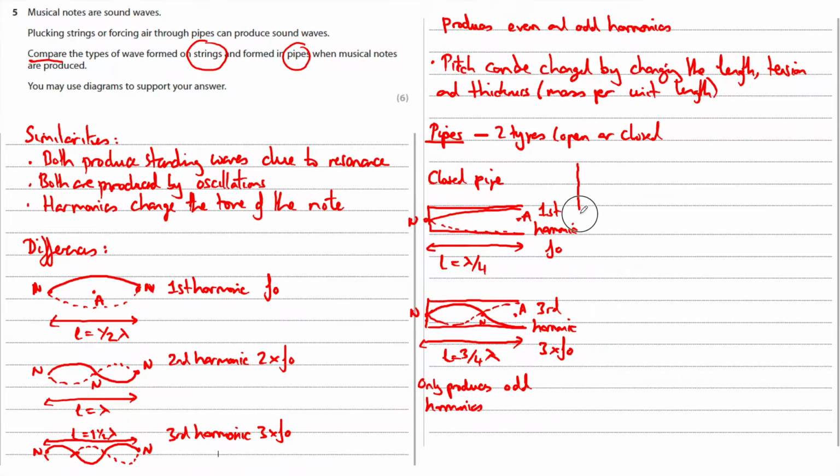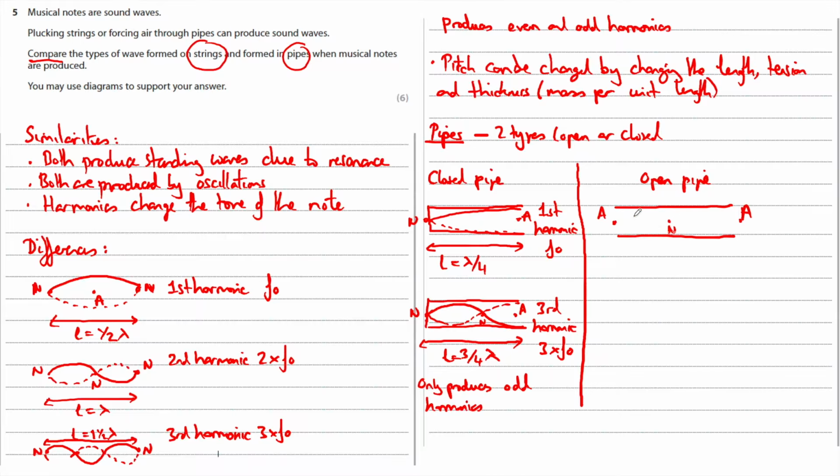Closed pipe instruments do sound quite different from open pipe instruments because the upper harmonics change the tone of the note. So what about an open pipe? Well, the first one, you don't have to say there's an antinode at both ends because you're drawing it on.